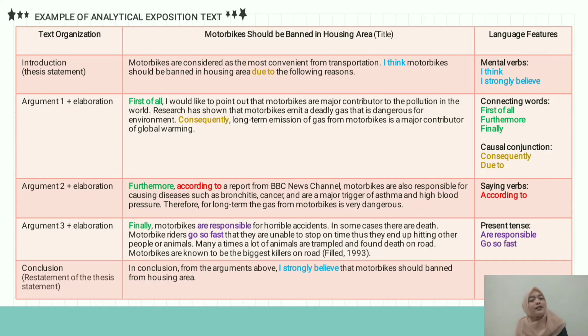So, in the first paragraph adalah introduction, dan pada kalimat I think motorbikes should be banned in housing area due to the following reasons. Ini adalah thesis statement-nya. Okay? The next paragraph. First of all, I would like to point out that motorbikes are a major contributor to the pollution in the world. Ini adalah first argument.